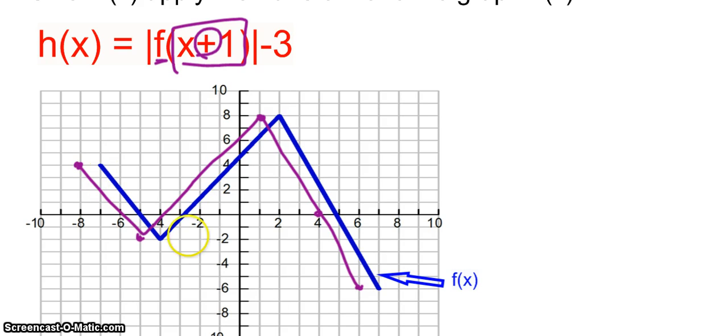Then, after I move this function to the left 1, I'm going to take the absolute value of it. I'm actually going to do that in green so you can see it better. Well, what does taking the absolute value do? It takes any positive number and keeps it positive, takes any negative number and makes it positive, because you're talking about distance. Well, these are all positive values until here. So now I want to take all of these negative y values and instead make them positive.